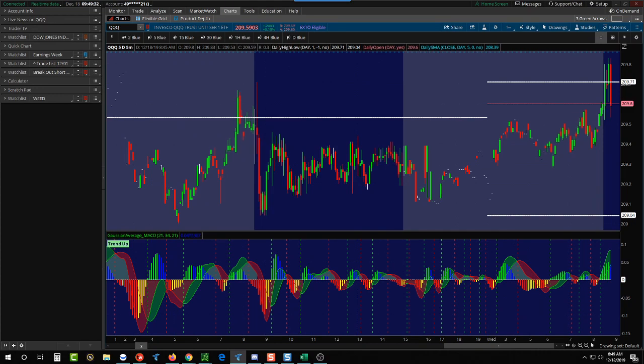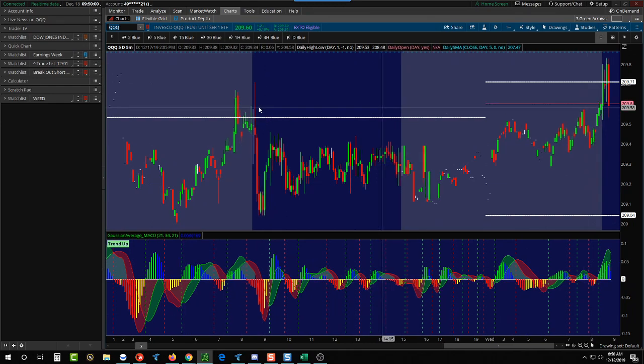Order filled. The market is turning a bit, coming back down to its open. That's a pivot point if you're looking at the Qs.